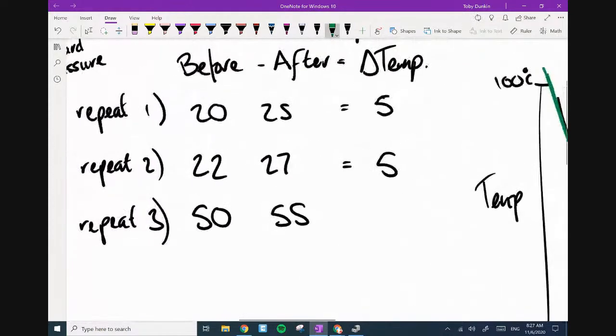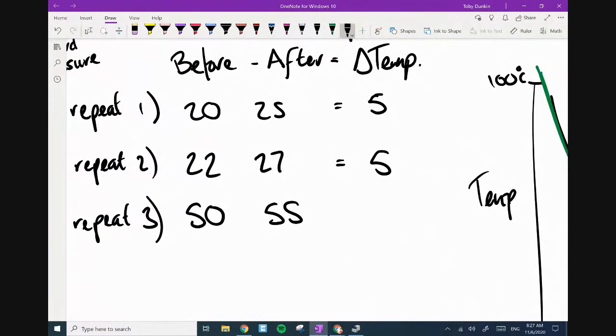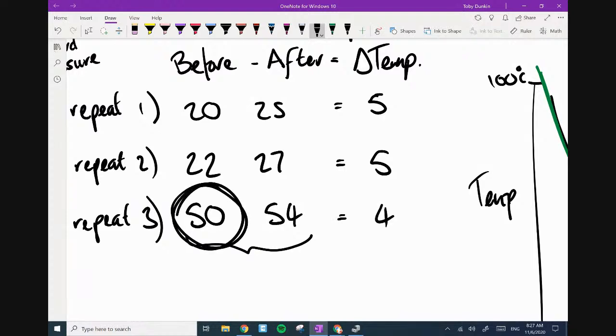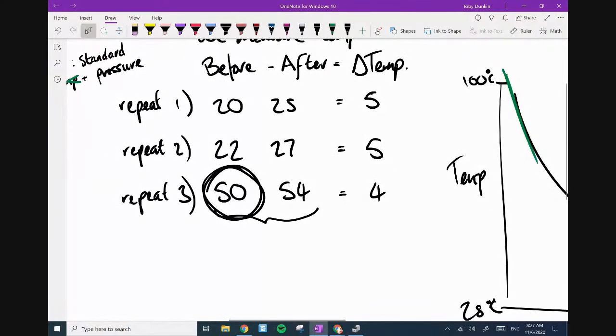And so I can agree with Oliver to a certain extent and say the chances are that in this particular experiment, I'm probably not going to achieve a 5 degree change. I may achieve a 4 degree change because it's going to lose heat more quickly at the higher temperature. But that actually is completely irrelevant.